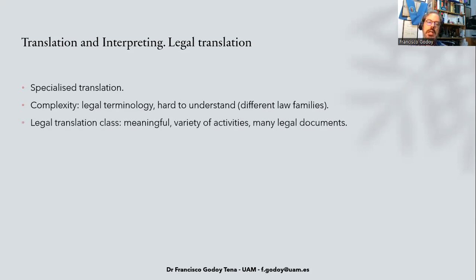That's why the legal translation classes should be meaningful and with a variety of certain activities. Because of that, the students, translation interpreting students, should be aware of these important terms within the legal context. And that could be done thanks to the use of many legal documents.